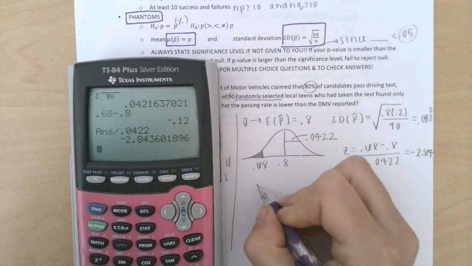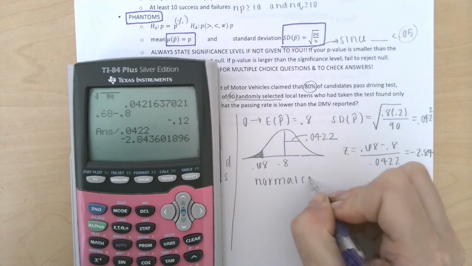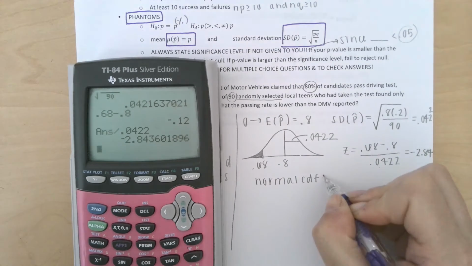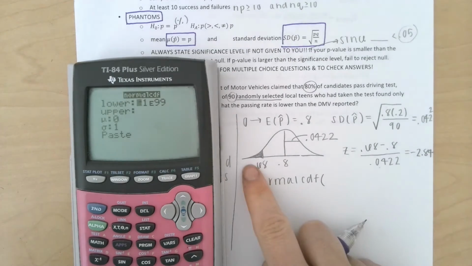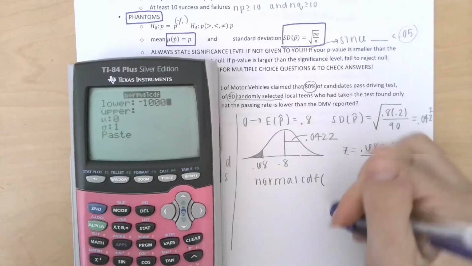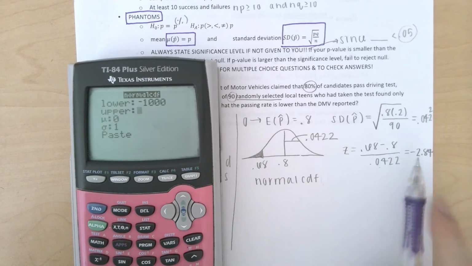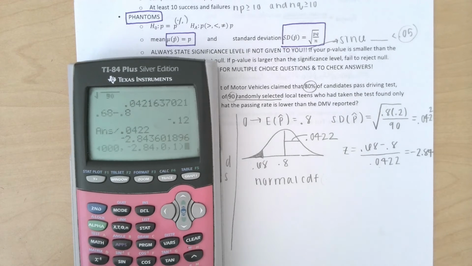From there, I can go ahead and use my normal CDF. Again, I'm using normal CDF, not TCDF, since I'm using z-scores. So on my normal CDF, I should have a lower bound of negative something large and to the left. Upper bound is going to be my z-score, that's where I'm stopping, so the negative 2.84. The mean and standard deviation can stay the same.